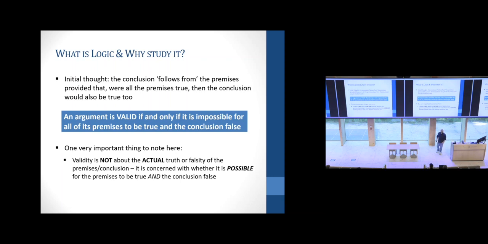It's only interested in whether it's possible for the premises to be true and the conclusion false. It's a subtle kind of thing, but it's very important here. We don't really care whether the premises are actually true. We just want to know, is it even possible for us to make them true and still have the conclusion false? If that's possible, the argument is not valid.